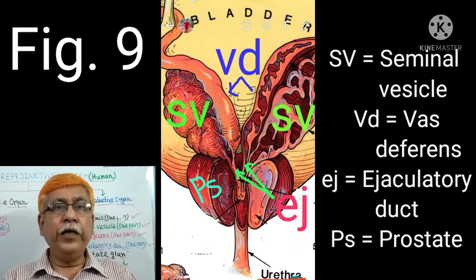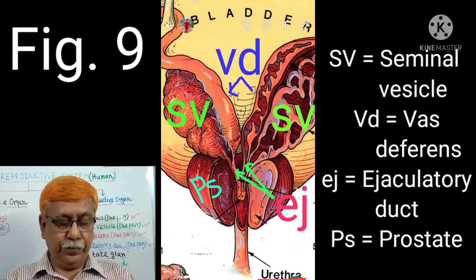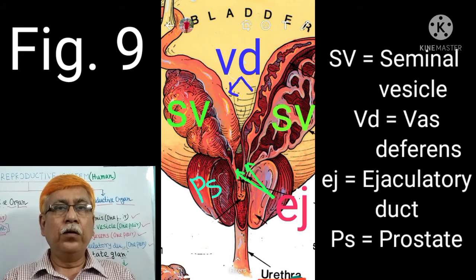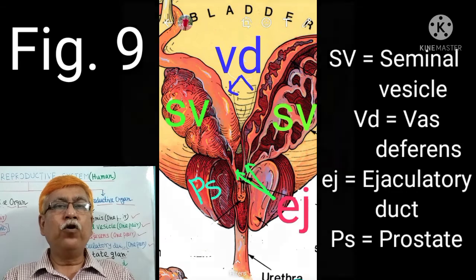Function: seminal vesicle secretion is important for semen coagulation, promotes sperm motility and increases stability of sperm chromatin.